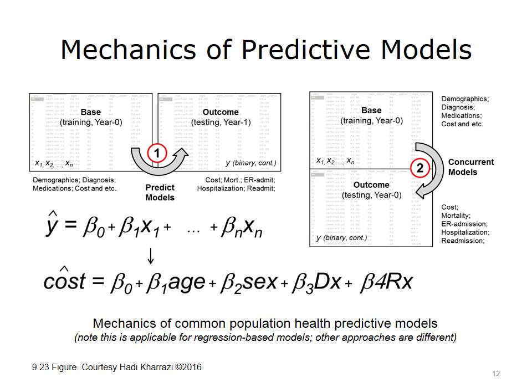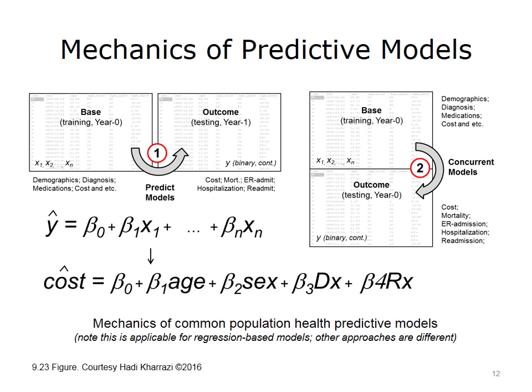This diagram shows the two common methods of extracting information for population health models. In predictive models, as shown in Circle 1, the base data set, which is usually 1 year of claims data, is used to provide all of the independent variables for the model. However, the outcome data set, which is next year's claims, provides the outcome, such as cost.